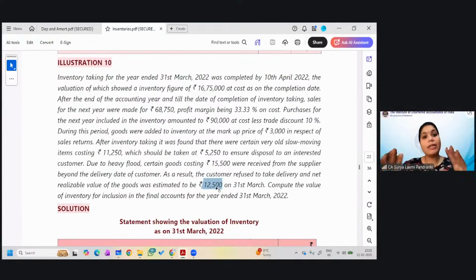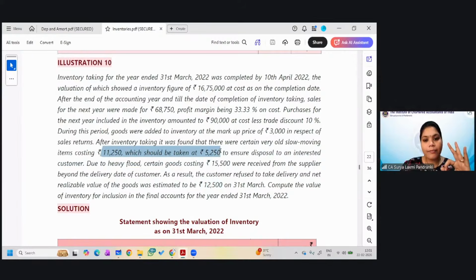So now the customer is refusing the delivery, but the goods can be realized at 12,500. How much was the cost you paid? 15,500. But he's saying that I will only pay you 12,500. So you again have a loss of 3,000 here, right?